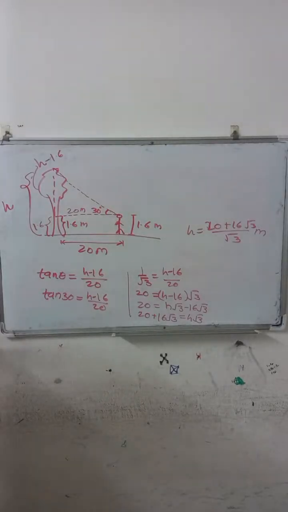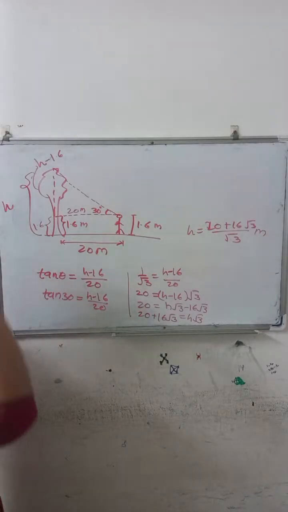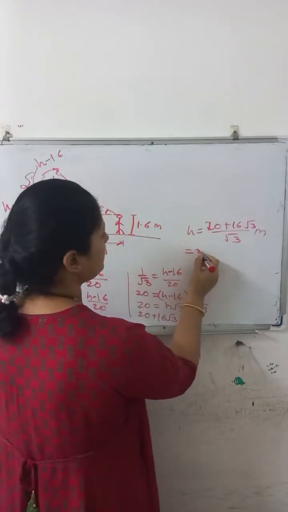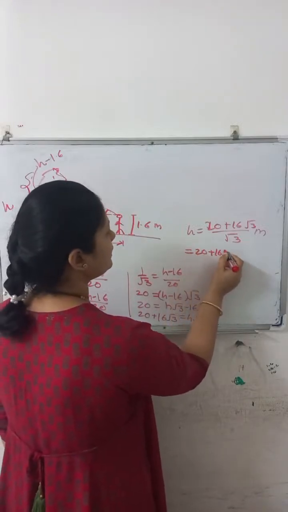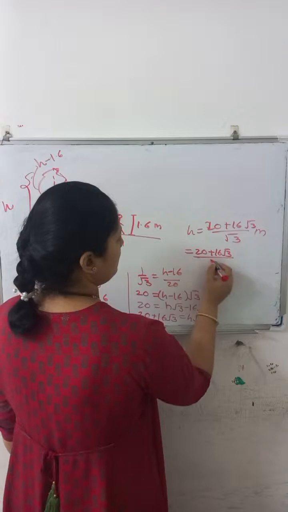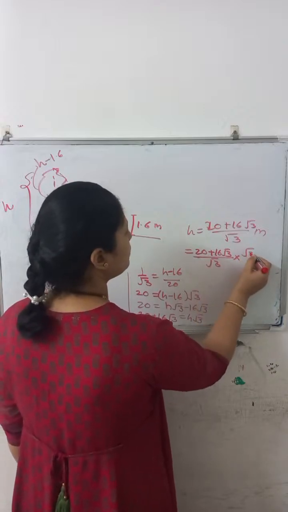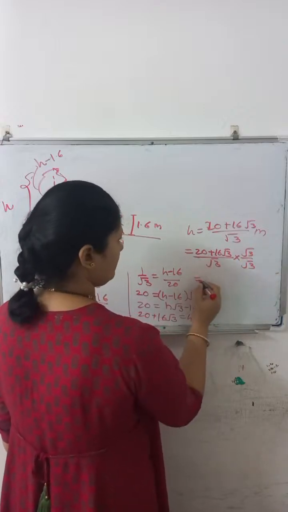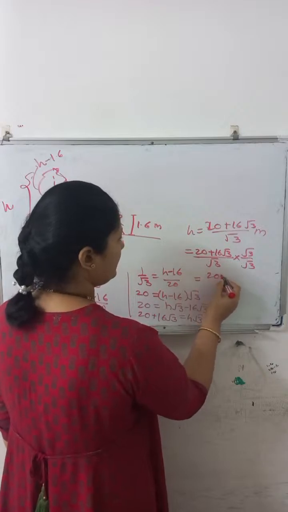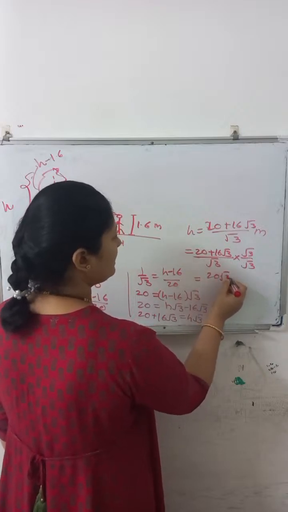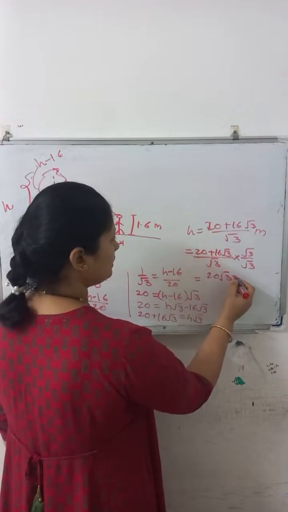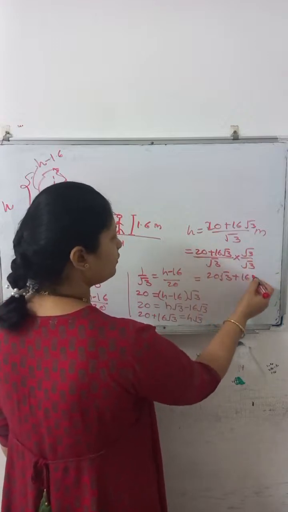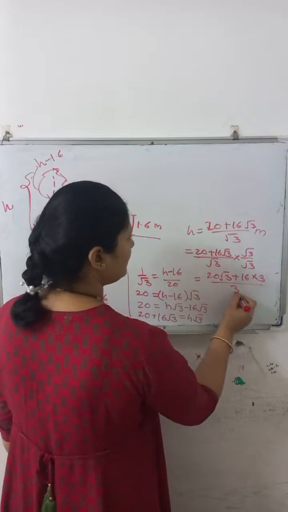Okay, so simplify this further. If you simplify, you will get the approximate answer, not the exact answer. So how to find this? Now do rationalization here: (20 plus 1.6 root 3) upon root 3, into root 3 upon root 3. So 20 into root 3, plus 1.6 root 3 into root 3 is 3, divided by 3.